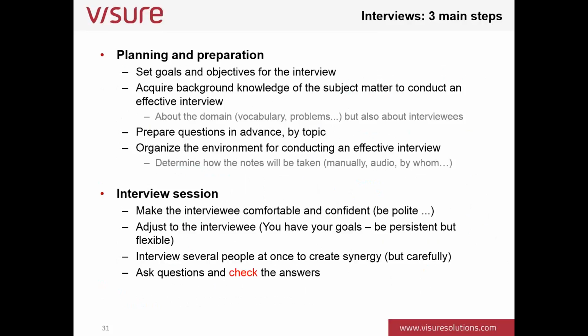It's always helpful also to interview several people at once to create synergies. Sometimes you ask someone something, and there are more people in the room, and he gives you an answer, but another person is going to add more information. Yeah, that's right, but also remember that. Oh, yeah, you're right. Whatever.